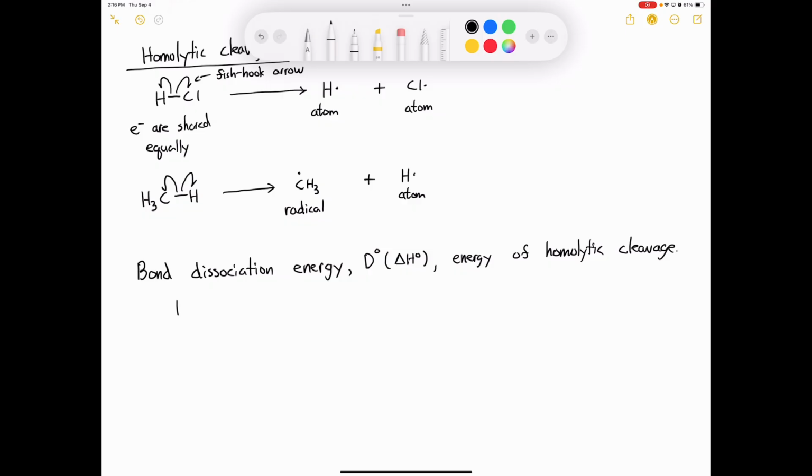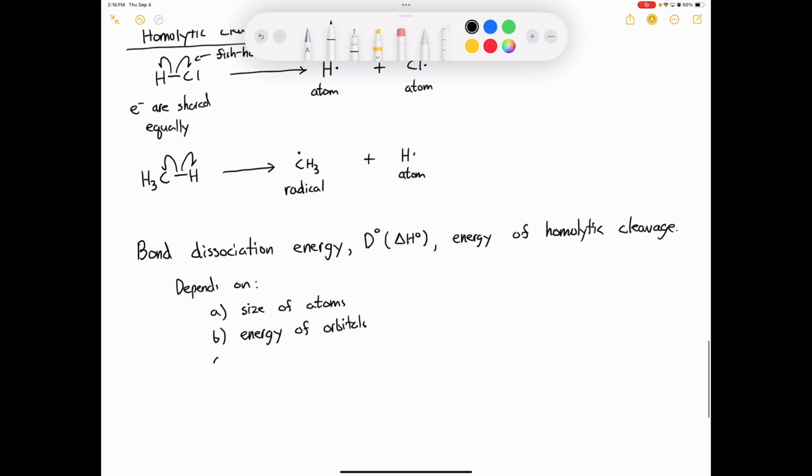There are a few factors it depends on: A, size of atoms; B, energy of orbitals; and C, stability of radicals and atoms of the products.